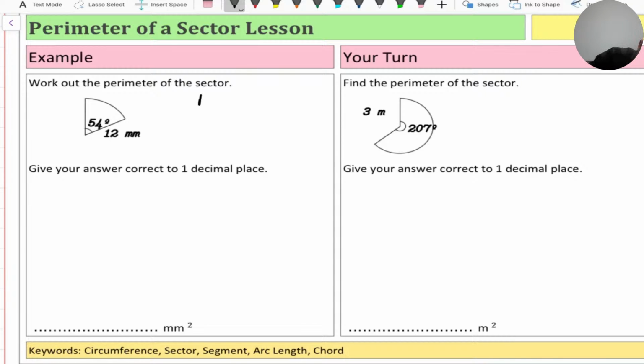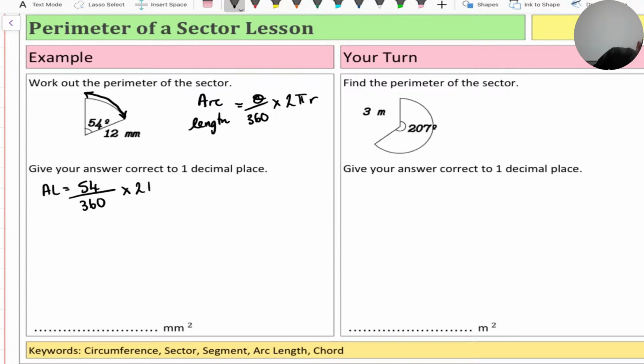So remember that the arc length, which will be this part here, is equal to theta over 360 times by 2 pi r. So my arc length is equal to 54 over 360 times by 2 pi times by 12, as my radius in this one is 12.